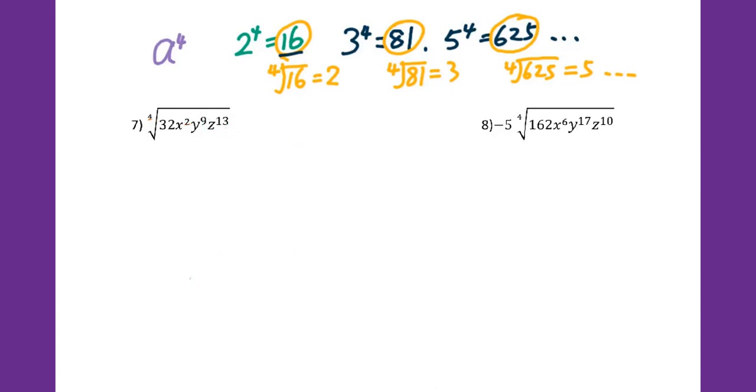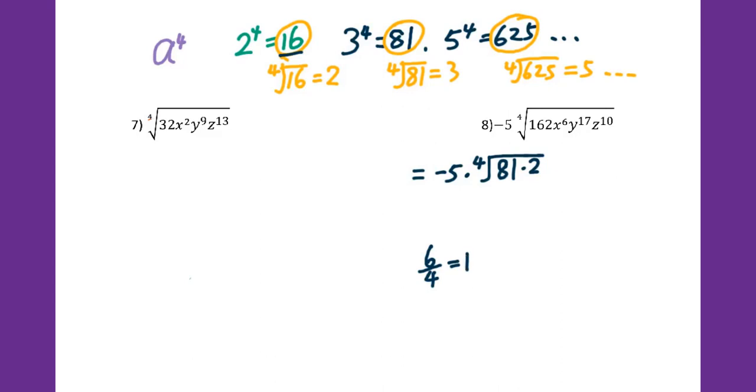Now let's go to number 8. I have negative 5 outside. 162 can be divided by 81. So you do 81 times 2. For x to the 6th power, 6 over 4. Don't simplify when you simplify these radicals. 6 over 4 stay.